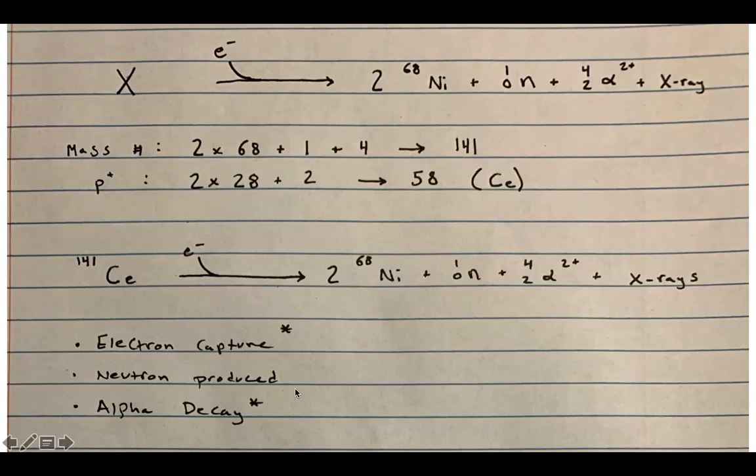And then lastly, a neutron was produced. That's just because a neutron's on the product side. That one's kind of there. That one's not as big of a main decay that we would see.